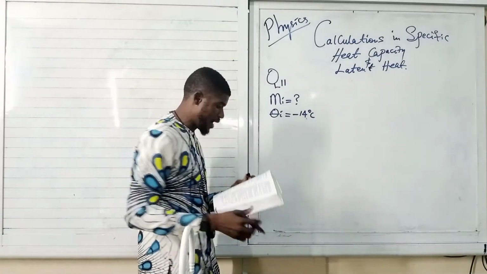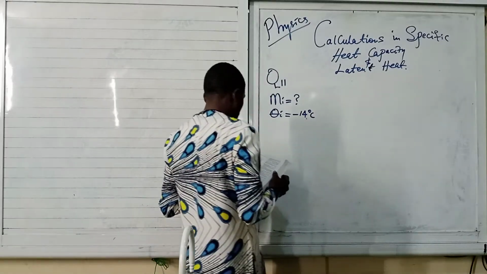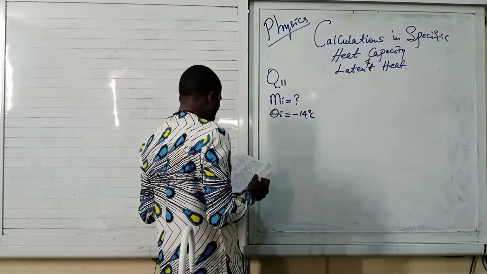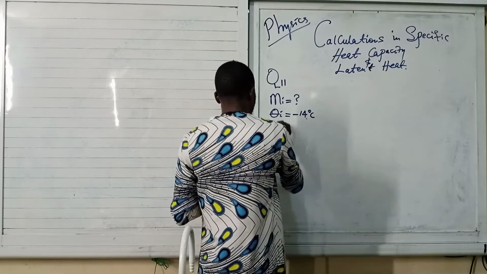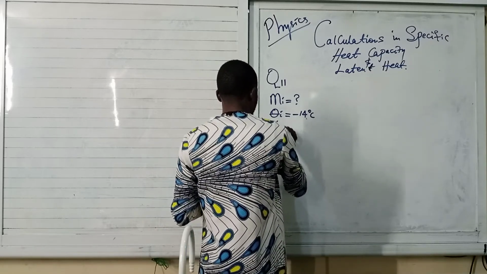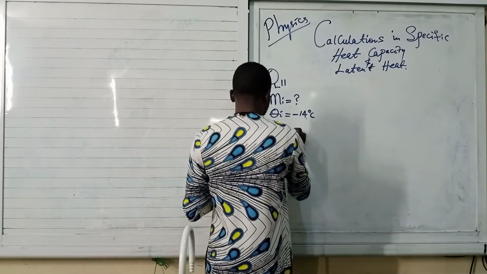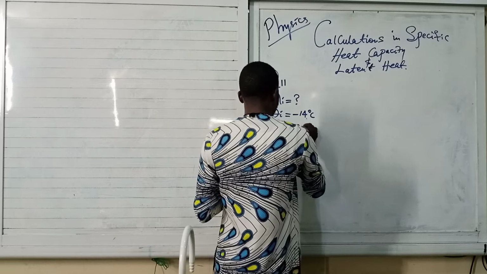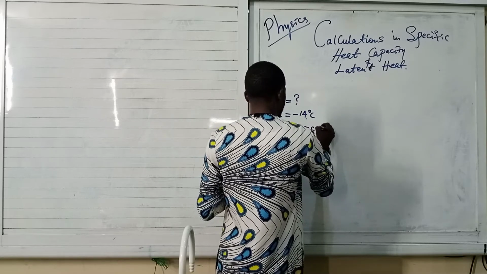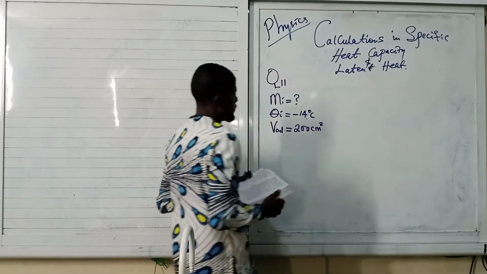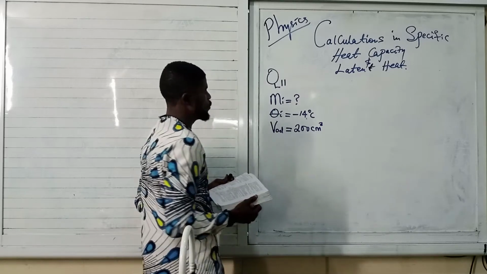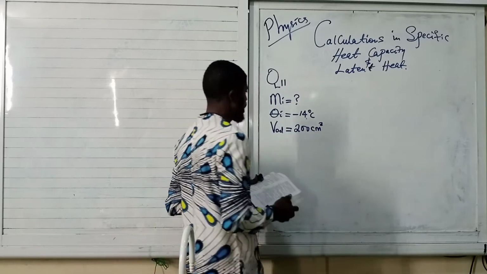Wow, this is dry ice. We need to cool down the volume of orange drink, VOD, which is given to be 200 cm³. Mind you, we are going to convert this to meter cube.